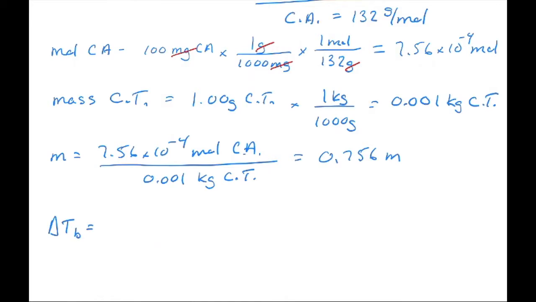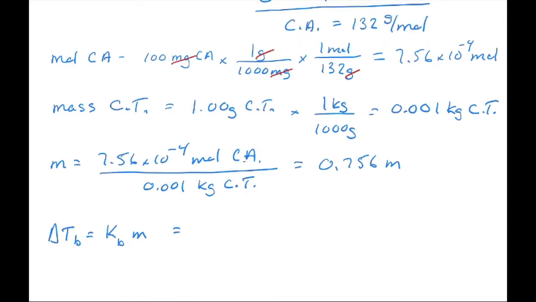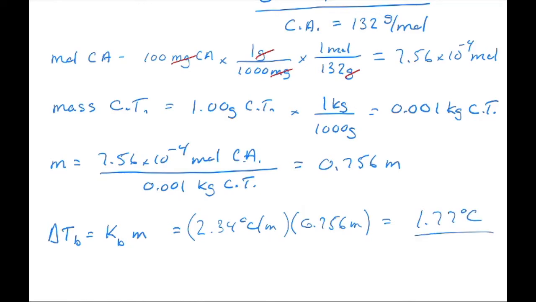So delta TB equals Kb times molality, and our Kb is 2.34 degrees Celsius per molal. Our molality is 0.756. So delta TB ends up being 1.77 degrees Celsius. So whatever the original boiling point of carbon tetrachloride is as a pure liquid, adding a small amount of cinnamaldehyde is increasing that boiling point by 1.77 degrees Celsius.